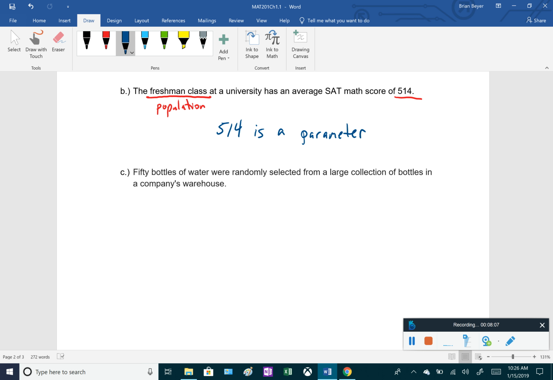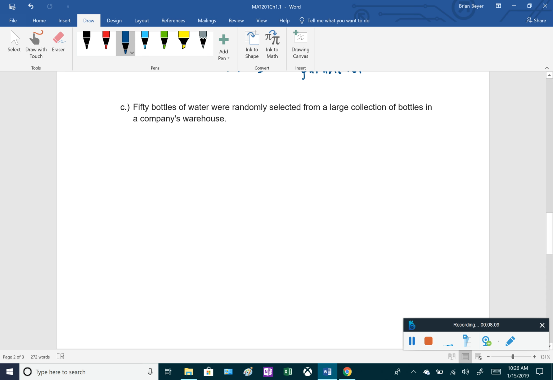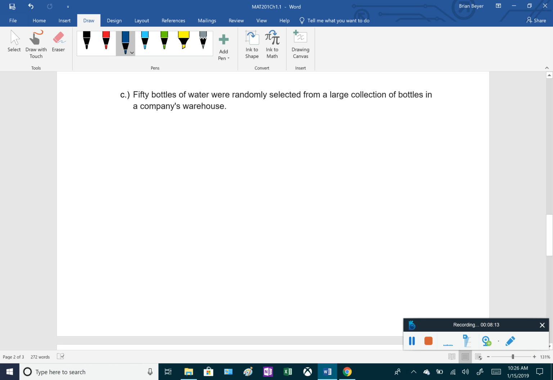And for the last one here, for C, we have 50 bottles of water were randomly selected from a large collection of bottles in a company's warehouse. So the number that we're referring to is the 50. So we want to see if that's a parameter or a statistic. So this is collected from a large collection.